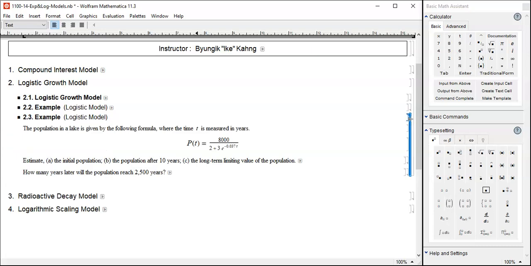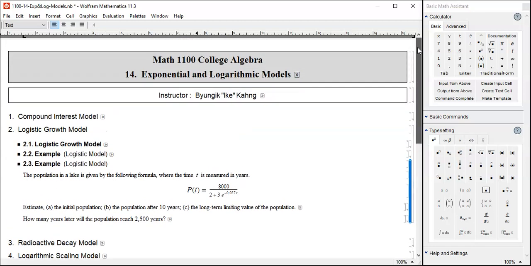Here's another problem. Again, this is written in terms of population model, but it can be used for spread of disease or spread of rumors and things like those as well. The population in a lake, excuse me, what population?